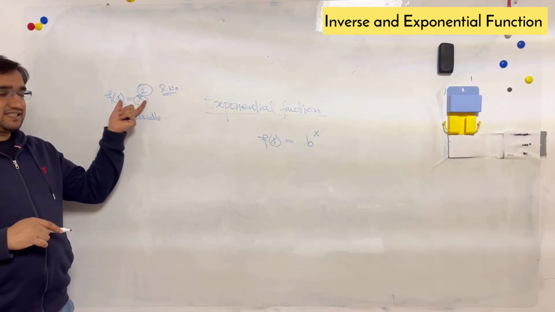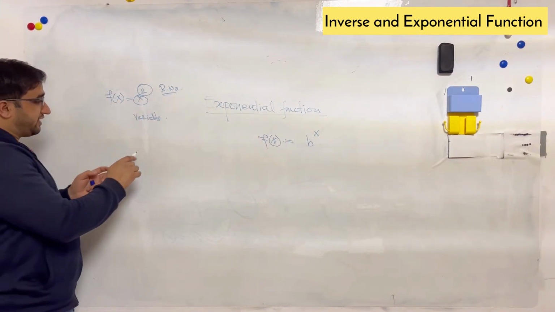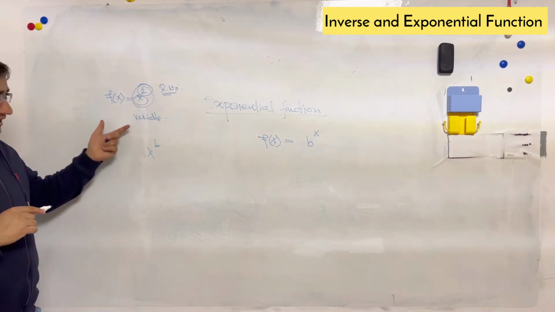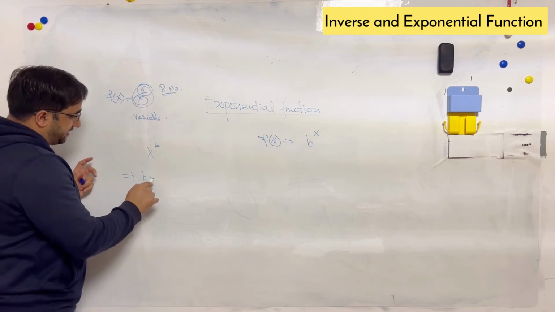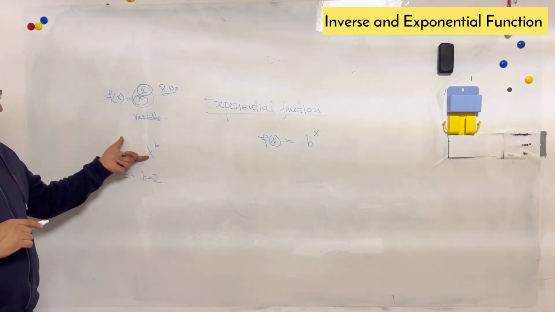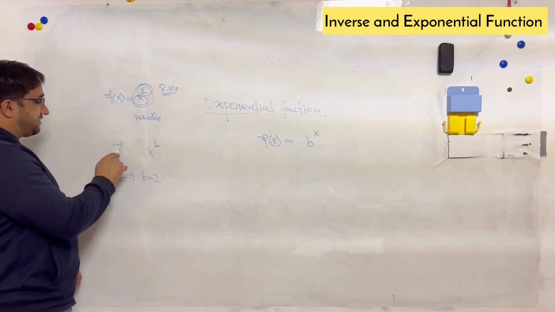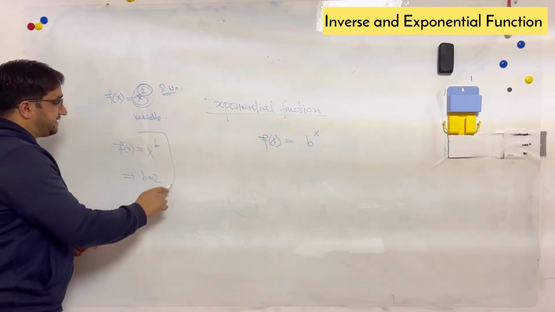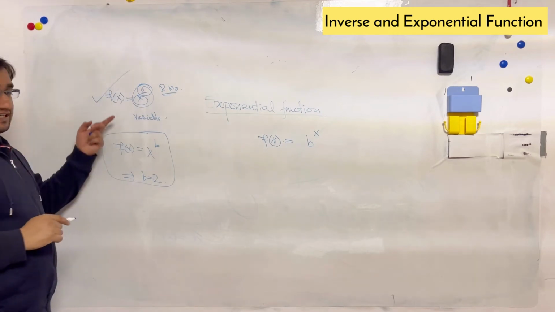In the very simple function, you can write this as x raised to the power b, as in the case of a parabola, where b is equal to 2, so it becomes a parabola. When f of x is x raised to the power b, and b is equal to 2, then you are talking about the parabola function.